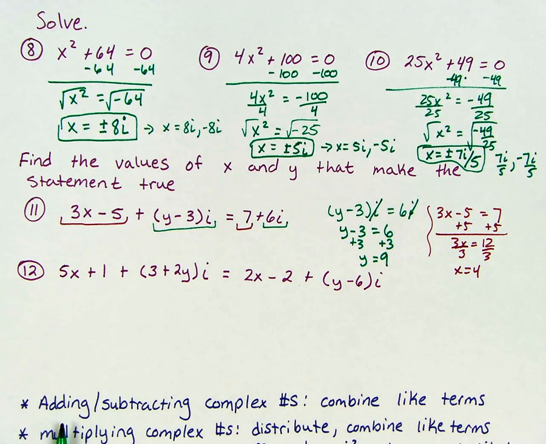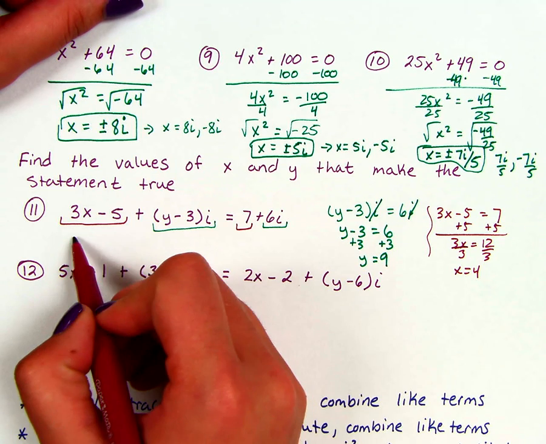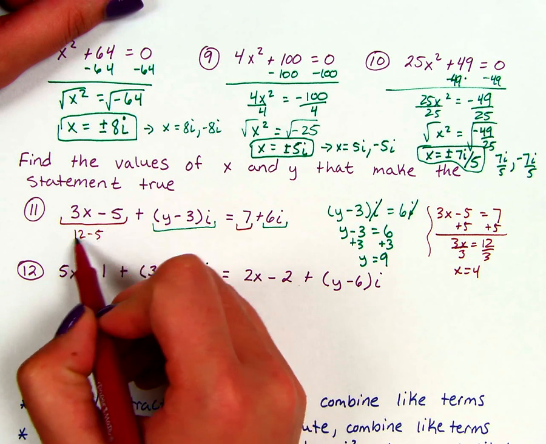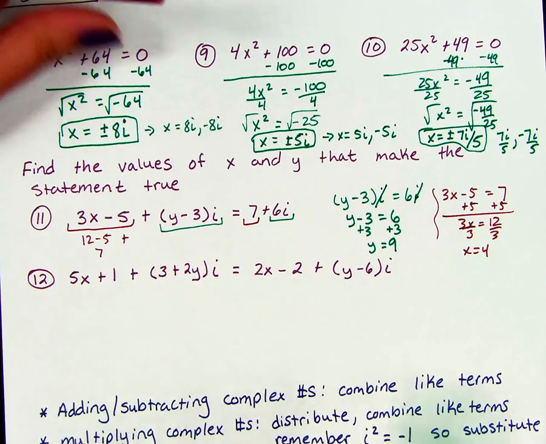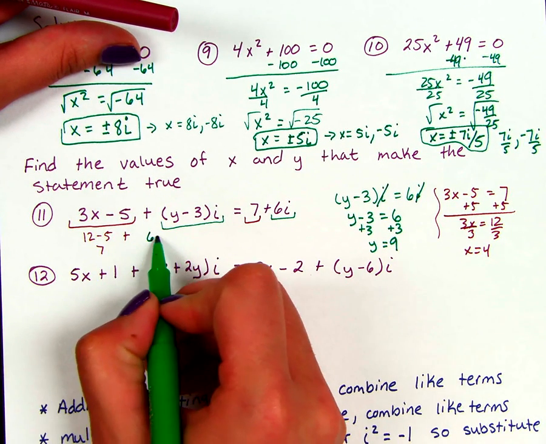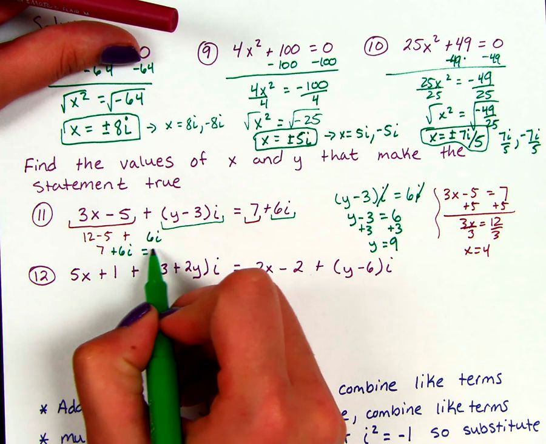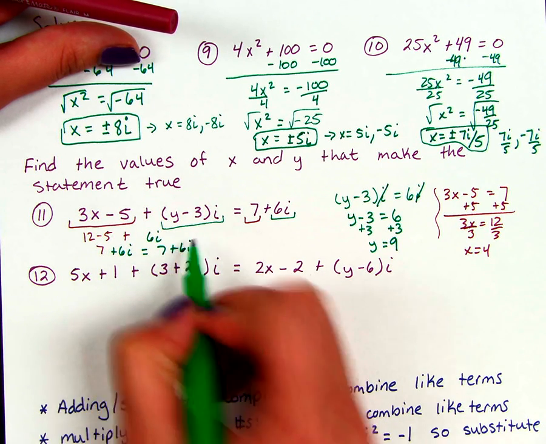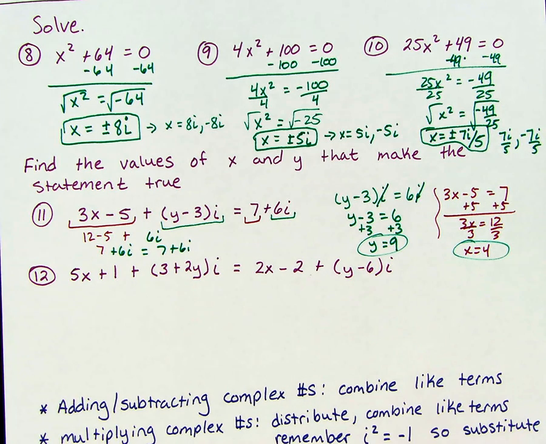And then just to double check to make sure that we did it right, if I substitute 4 in for this, 3 times 4 gives us 12. So 12 minus 5, so that's going to be 7, plus, and if I substitute the 9 in, so 9 minus 3 is 6i. So we have 7 plus 6i, which is equal to 7 plus 6i. So these would be my two answers to make the statement true.